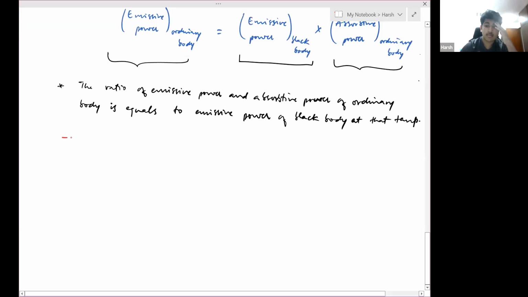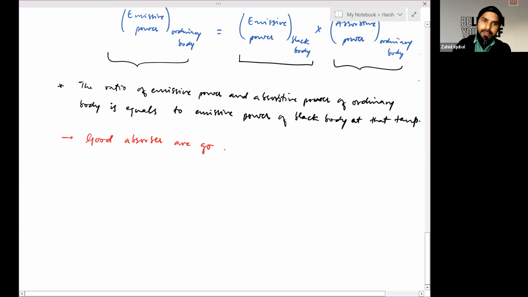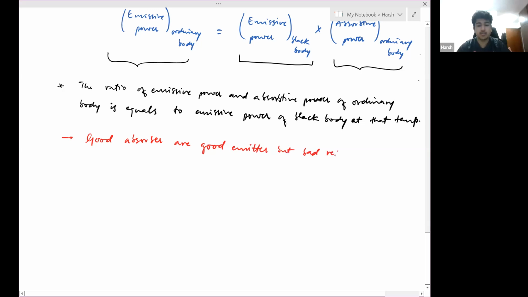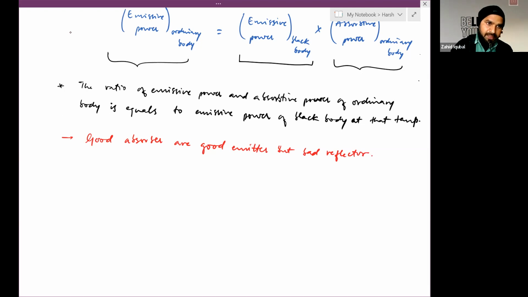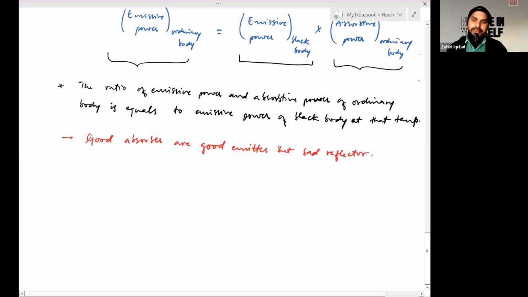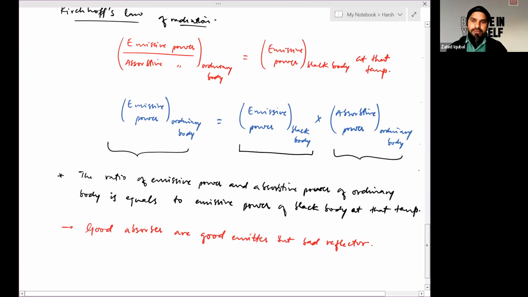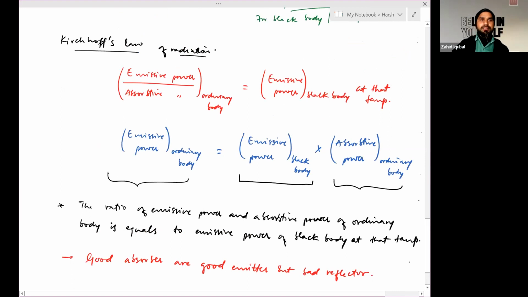So we can say good absorbers are good emitters, but since the absorbing tendency is more, it must be a bad reflector. Any doubt? Now using this concept, we may define the numerical part of the amount of radiation emitted by any black body. So first write it down, then I'll define the numerical related to this part.